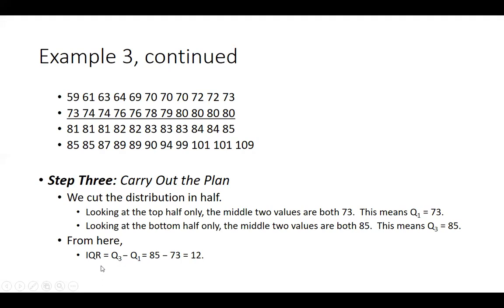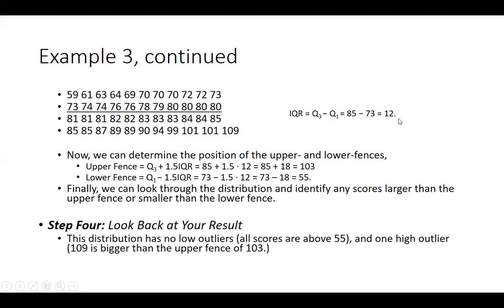From here, we can calculate the interquartile range, Q sub 3 minus Q sub 1. That's 85 minus 73, or 12. So IQR is 12 in this example. Now we can determine the position of the upper and lower fences. The upper fence would be Q sub 3 plus 1.5 times IQR. That's 85 plus 1.5 times 12, which is 85 plus 18, or 103.